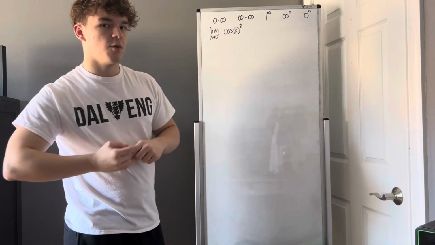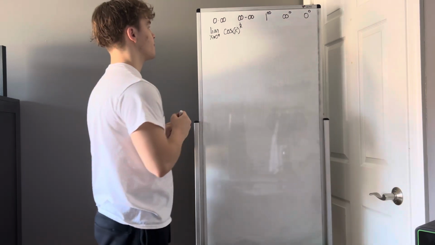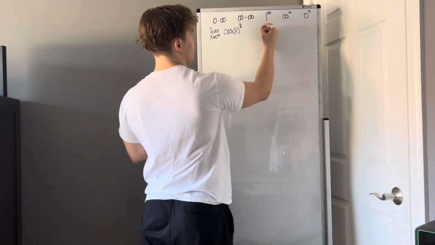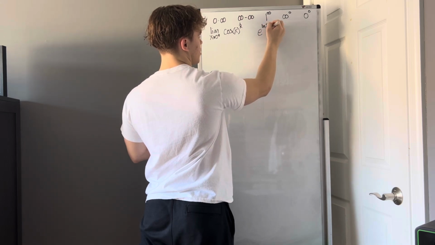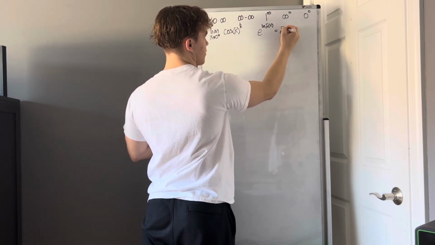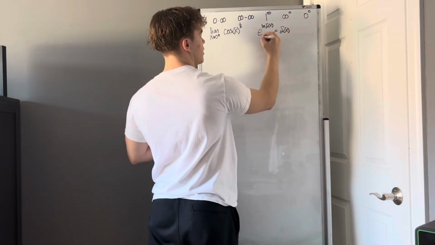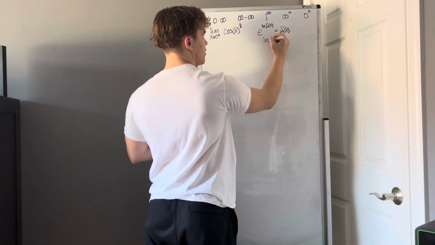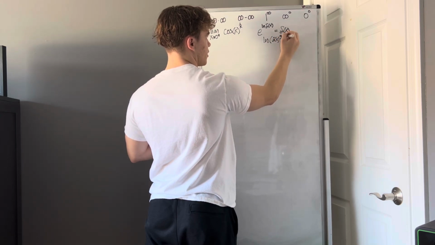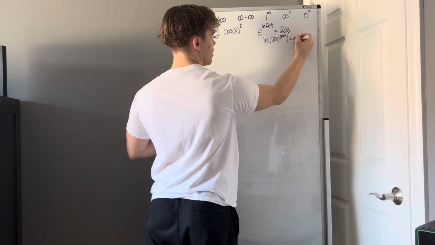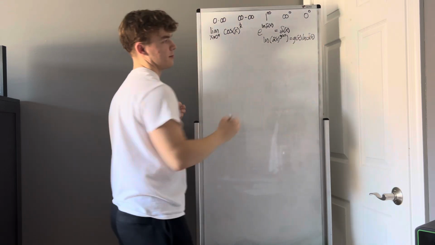Now this is where these get a bit complicated. What we're going to do is remember that e to the power of ln of any function is just the function. But we're also going to keep in mind that ln of some function to the power of another function is that power function right in front of it.